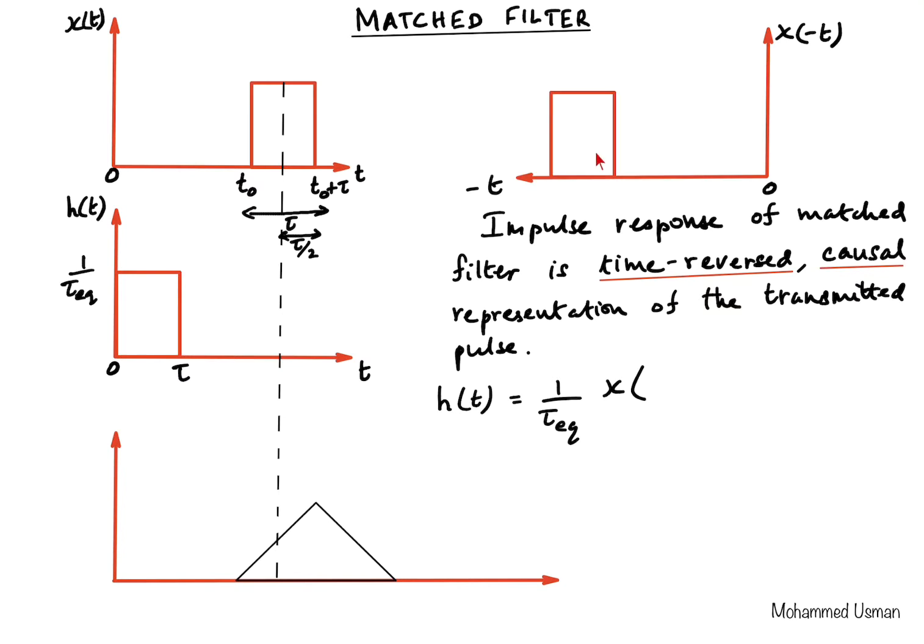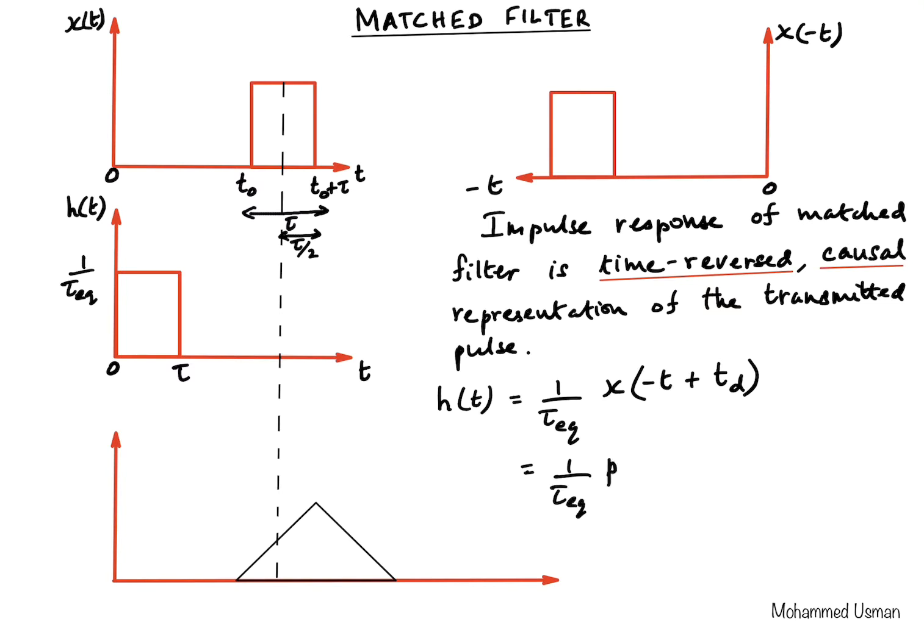And now, a shift to the right is generally minus, but because the time axis has been reversed, it should become plus. So x of minus t plus some shifting that we are doing, which we call td. When we are dealing with the rectangular pulse, instead of x of t, we'll write p of t, just to indicate that it is a rectangular pulse, which is 1 by tau.